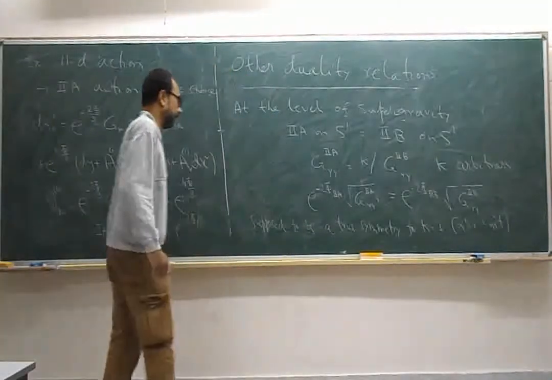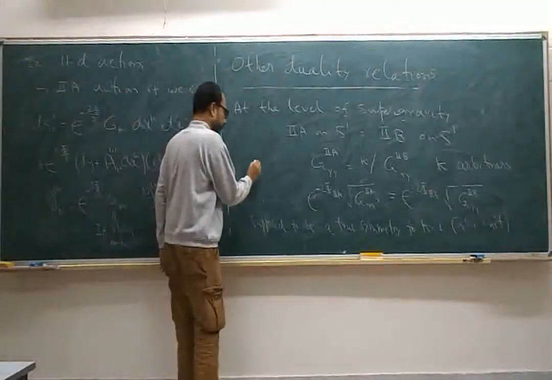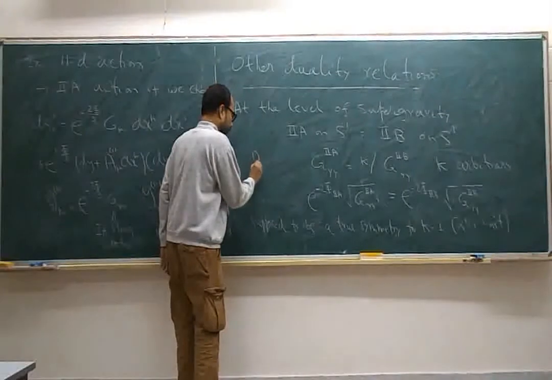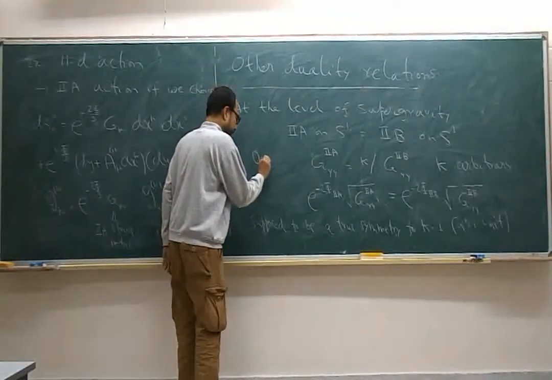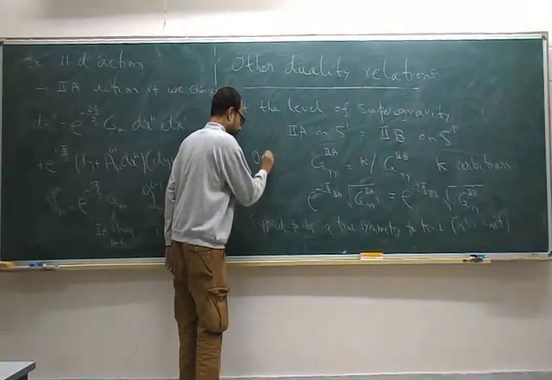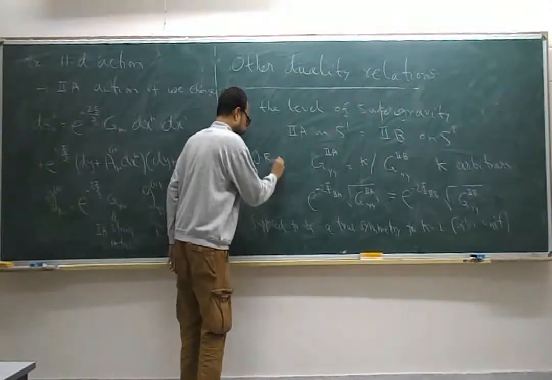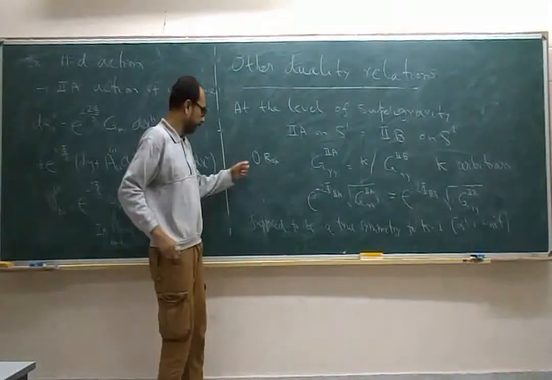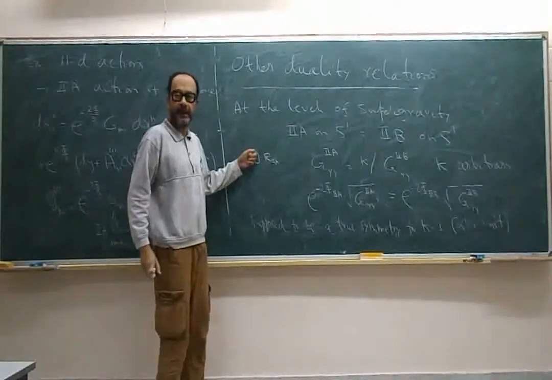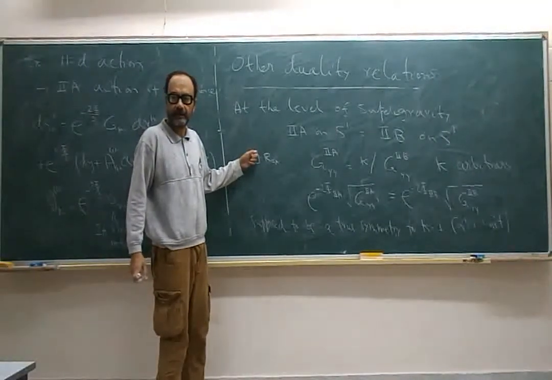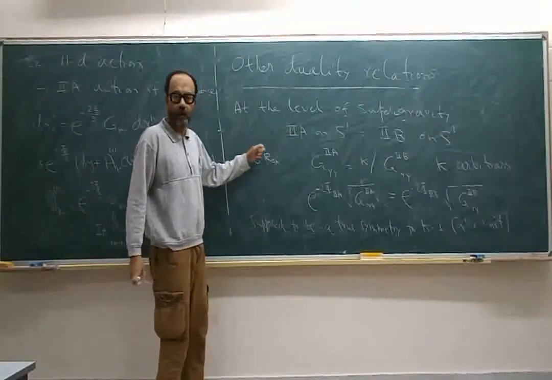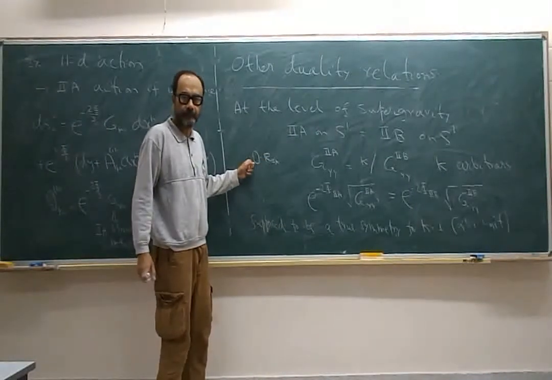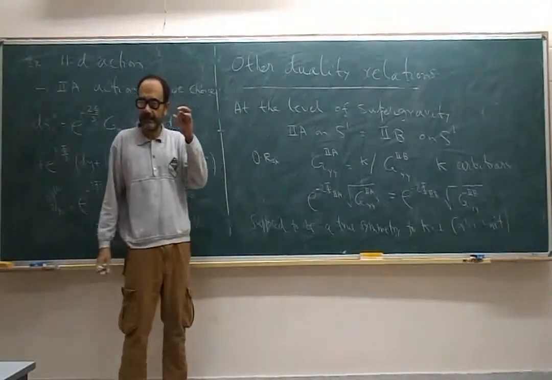It turns out that those extra light states essentially come from the string winding modes along the circle. So let's imagine that this is the circle size R2A. As R2A is going to 0, the Kaluza-Klein modes are becoming heavier and heavier. But strings which are wound along these circles, they are becoming lighter and lighter.